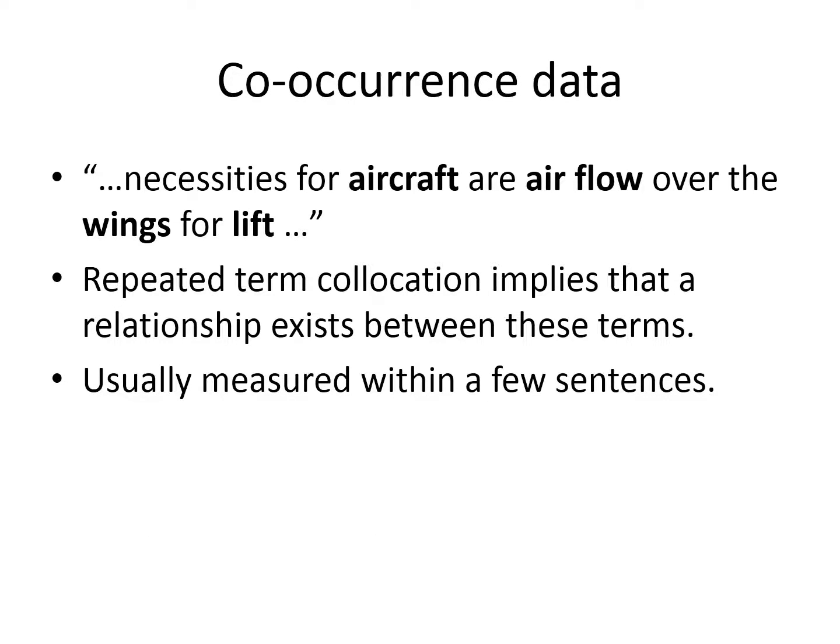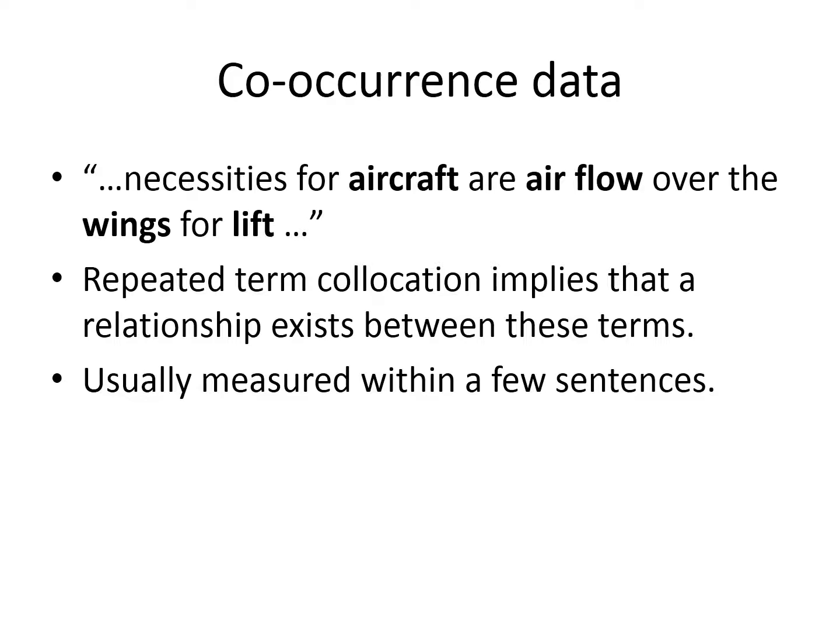But let's just go through a practical example. This co-occurrence data is what Leximancer uses to build a concept. We look at the example here where I've taken a piece of text from Wikipedia on aircraft. It's saying that the necessities for aircraft are airflow over the wings for lift. The bolded words here are aircraft, airflow, wings, and lift.